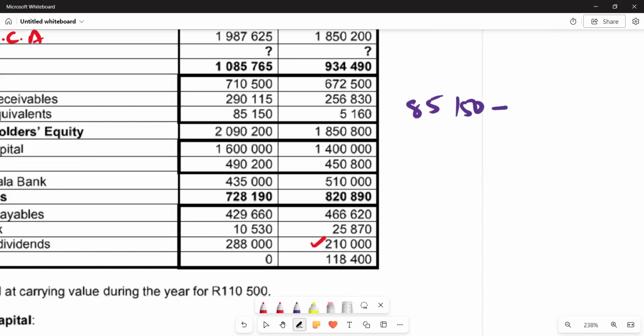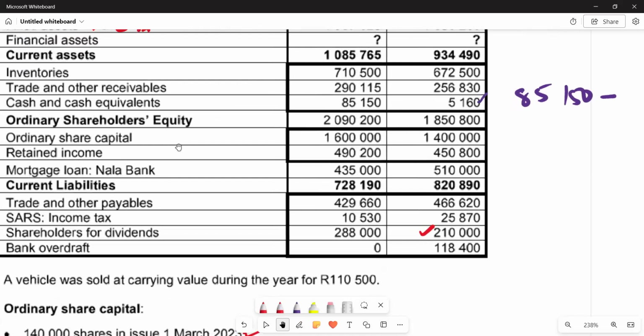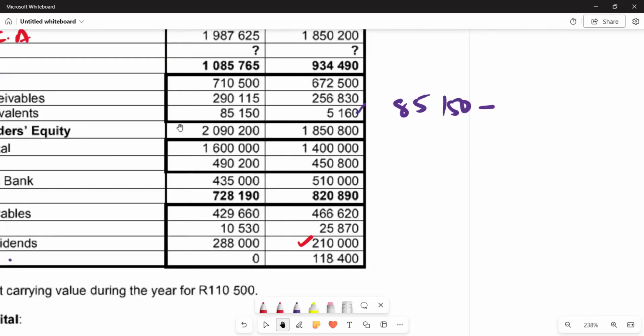Of which the opening balance we've got is 5,160 here, but we also have a bank overdraft appearing here of 118,400, which is a negative. So in brackets, we are saying 5,160 minus the negative balance. When it's a bank overdraft, we present it as a negative balance. So you say 5,160 subtract 118,400.